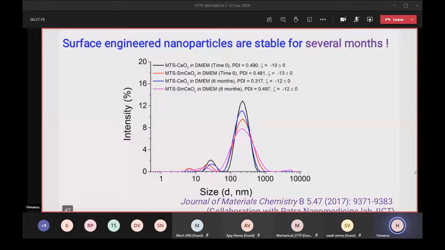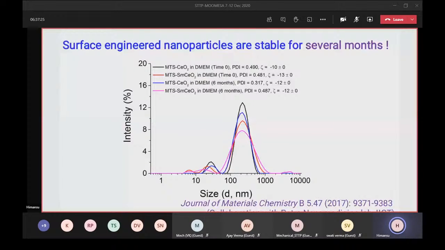So you can see a very nice phenomenon: even when these nanoparticles are stored for 6 months, the PDI, the polydispersity index, is almost not changing. For the CeO2 nanoparticles, the first one is 0.490, and after 6 months it is 0.487, almost the same. After 6 months, you see MTS CeO2 and SM CeO2, it is almost 0.317, so not much change.